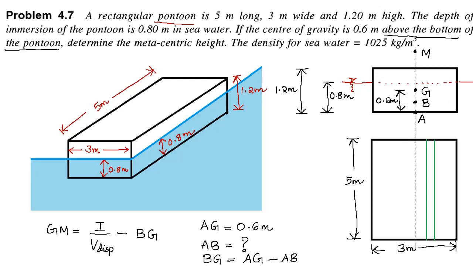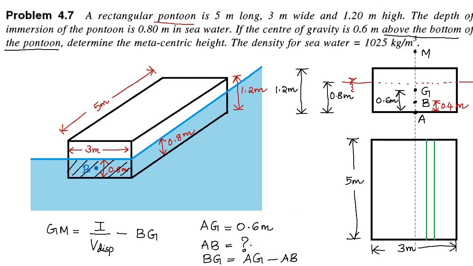We know that 0.8 meter of the pontoon is submerged in the fluid. So center of buoyancy is the center of the portion which is submerged in the fluid. So when we consider this figure, this much portion is submerged in the fluid, and the center of buoyancy will be the center of this portion. So this AB distance will be half of the depth of submergence, which is 0.4 meter.